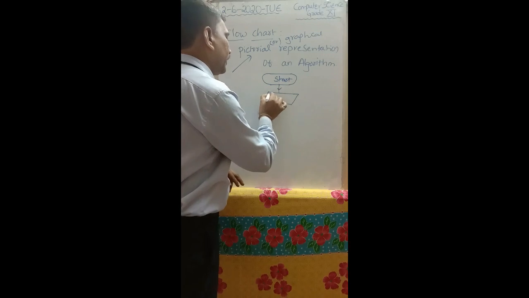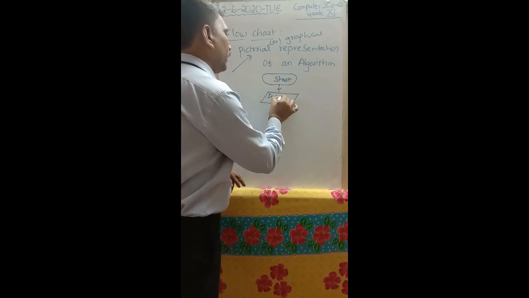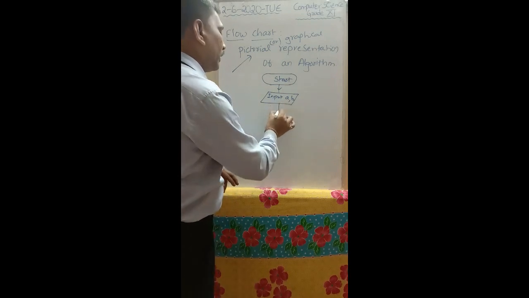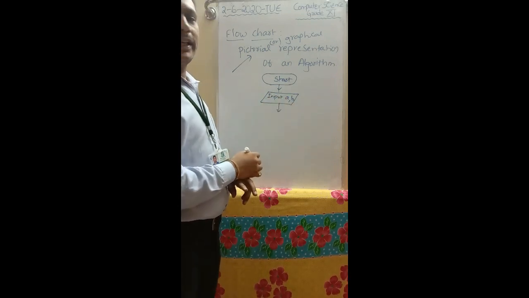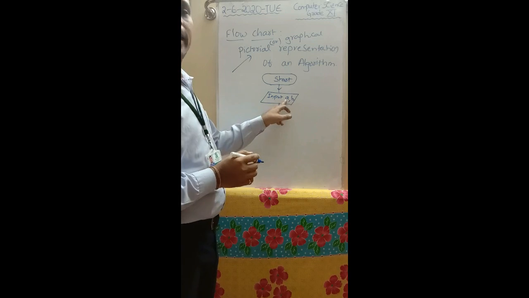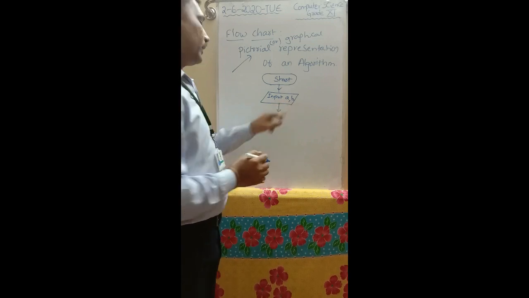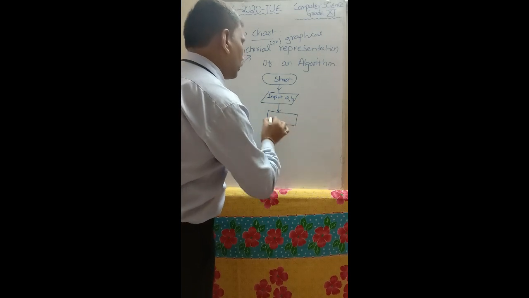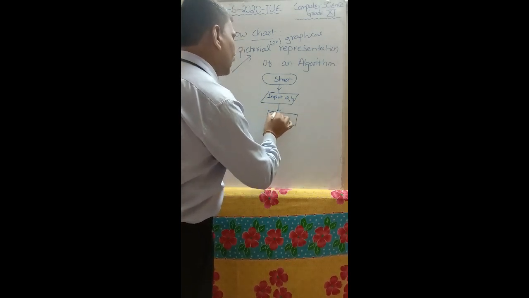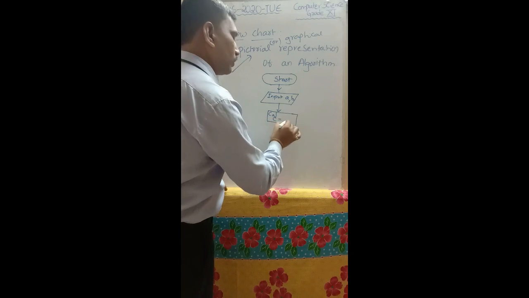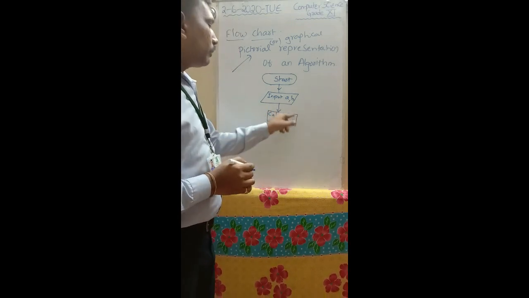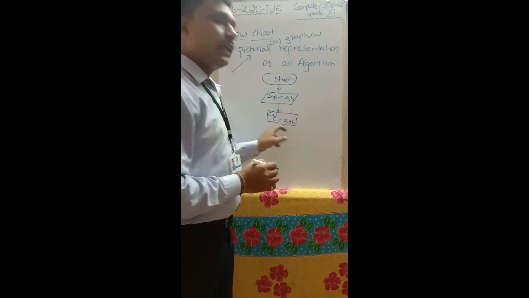Then we enter A is equal to 10, B is equal to 20. Then we process, calculate C is equal to A plus B. This statement is placed in a rectangular shaped box.